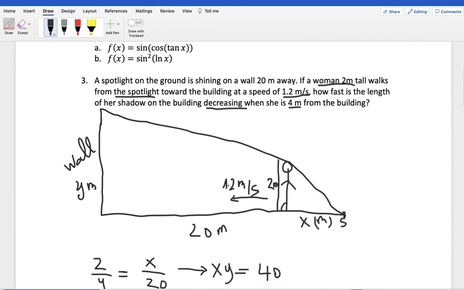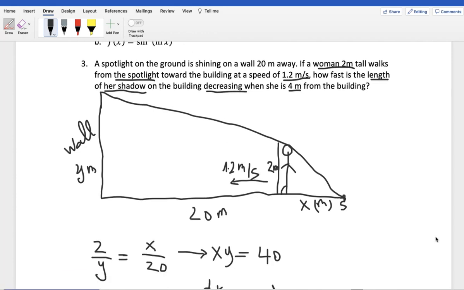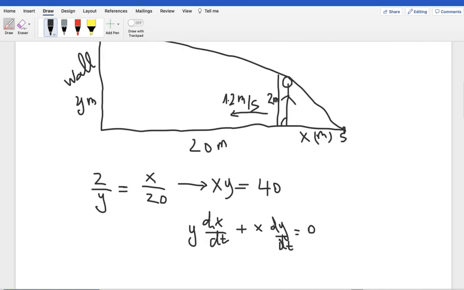Now that you have that, what you're looking for is the change in the length of the shadow. So the length of the shadow is what we are focusing on here, and what you're looking for now is dy dt.